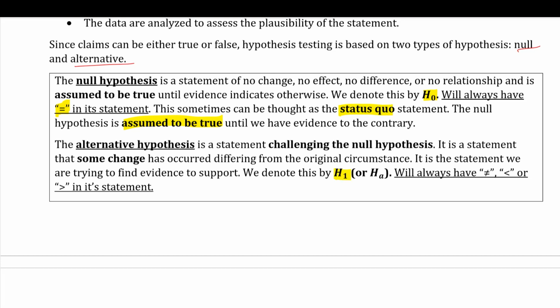Some textbooks also call it HA for alternative. So we have the null hypothesis, which is H0, and the alternative, which is H1. The textbook I'm using uses H1. So this statement will always have either a not equal symbol, a less than symbol, or a greater than symbol. The null hypothesis is easy because it's always going to have an equal sign. And the alternative is any of those three.